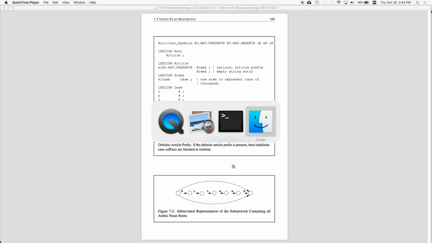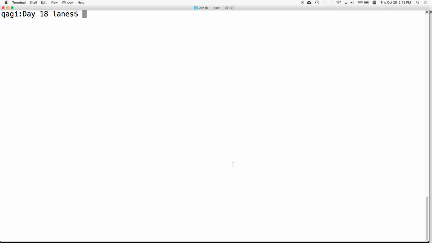So somebody give me the Arabic ISO code. You just don't know them all off the top of your head? ARA? All right.